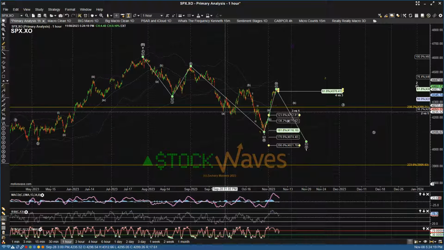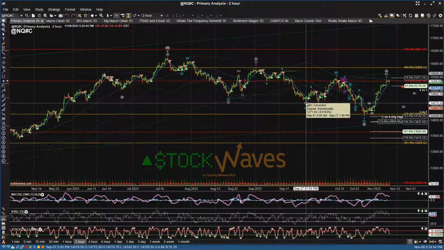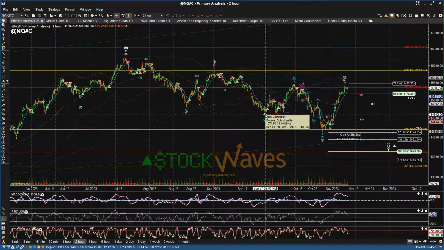But here's where, even though we say each chart on its own, I try and balance what I see from the other index charts and from the sectors and from individual names. And when we look at the tech sector or the NASDAQ in this, it did not get far enough for this to reliably count as a wave 3 of a leading diagonal or any wave 3.